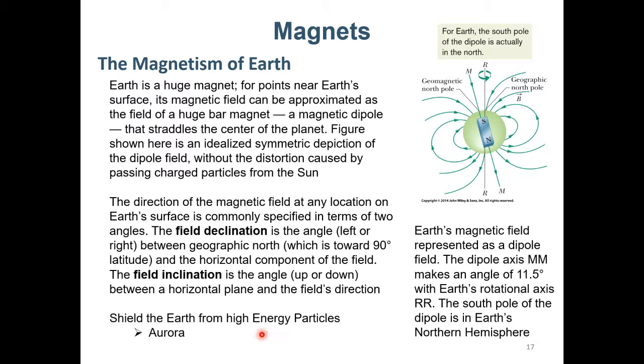And actually, the magnetic field of the Earth tries to shield the Earth. Imagine there's a magnetic field, and a charged particle is going in this way. This is the velocity V going into the page, shooting at the Earth.